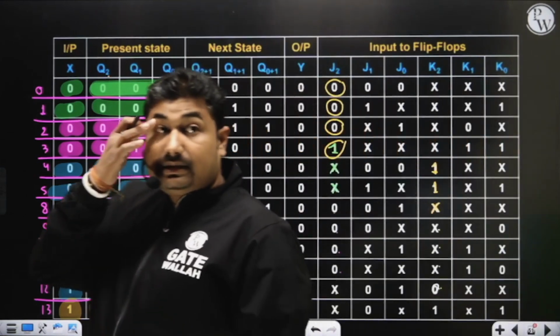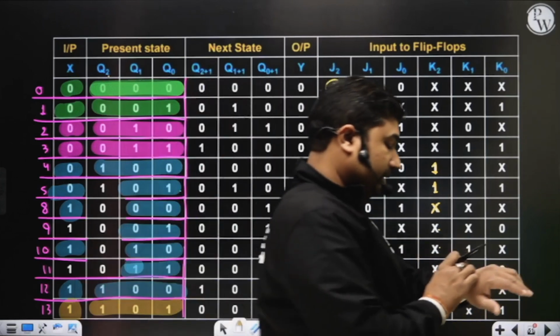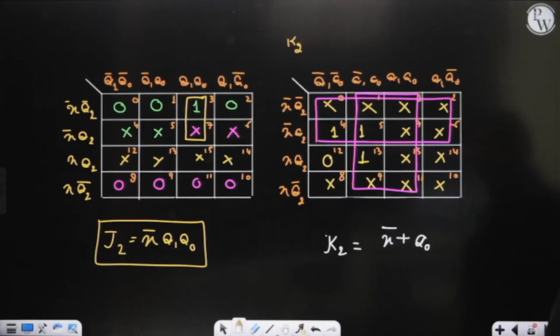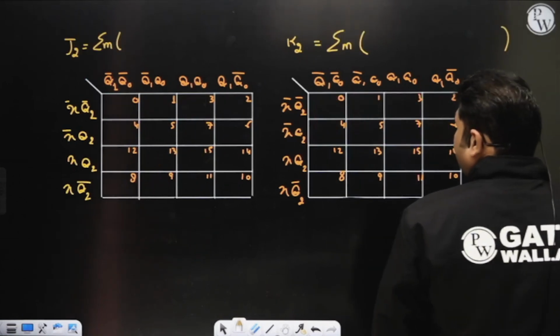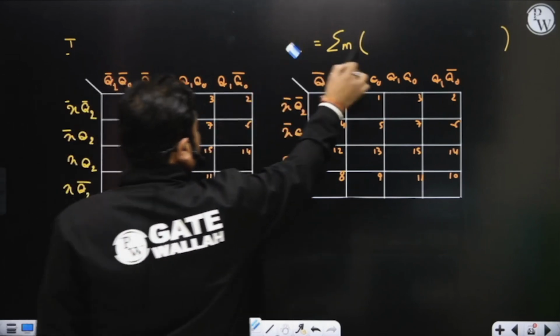Hoping you are able to understand up to this part. In the same fashion, we can write for J1, J0, K1, and K0 also. So I'm just going to fill it out for J1, K1, and J0, K0.